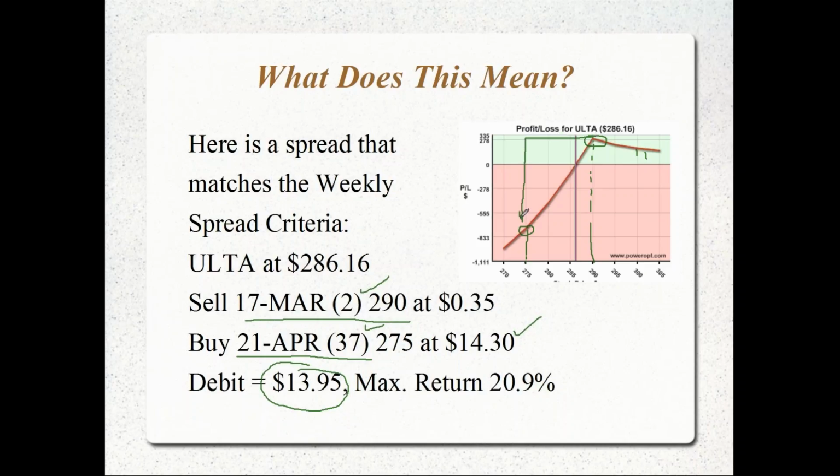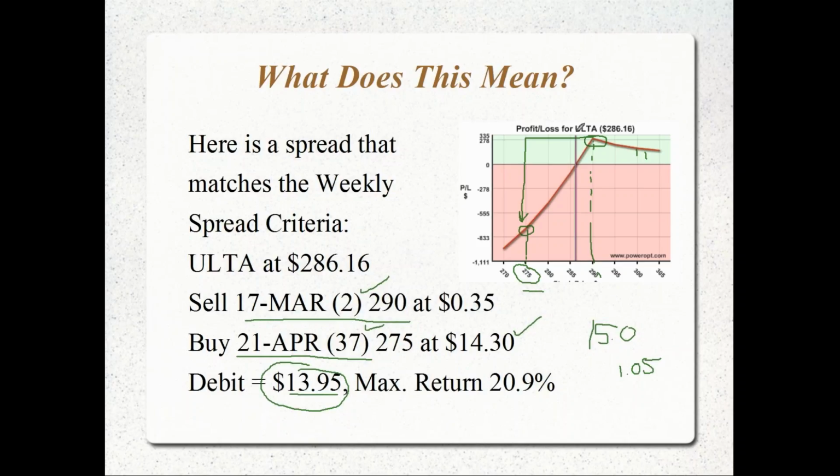So what my broker would likely do is look at my account. So he doesn't own the stock, but he's got the right to buy shares of stock at 275. So they'd exercise my long option to deliver the obligation at 290, and I'd get out at $15 between the two. Okay, so I buy at 275, sell at 290, early assignment. My cost basis was only $13.95. So in that scenario, we're guaranteed to get a profit of $105.